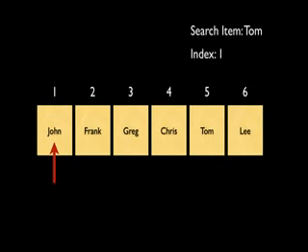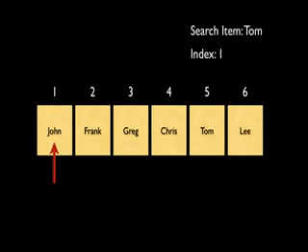Now we want some form of comparison, and this would probably be done via an if statement. So we want something like if array index 1, which we know is John, equals Tom, then we want something to happen saying that the search item is found. Otherwise, we want something else to happen.